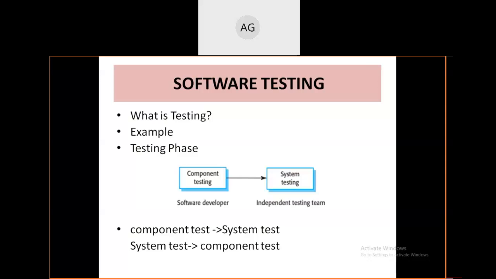Before going to the next one, what is the component testing stage? Component testing is about discovering defects by testing individual program components. Program components may be functions, objects, and reusable components.